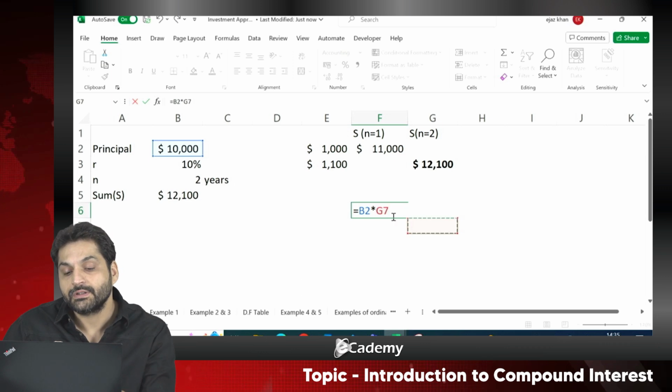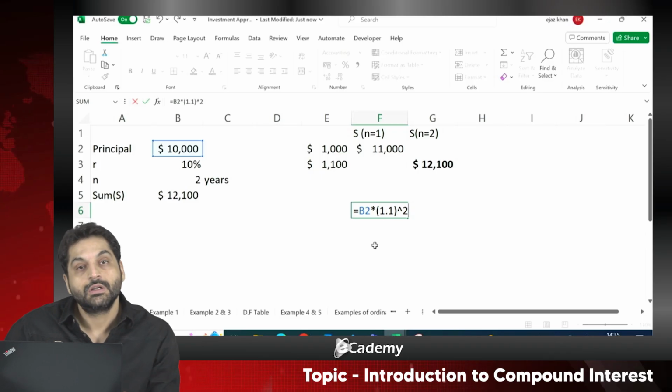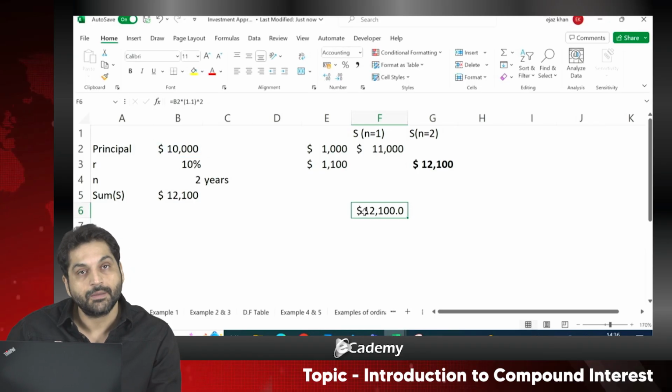And instead of multiplying it by 1.1 twice, we can just take its power as 2. It will give us the same answer. Instead of multiplying it by 1.1 twice, we can have a power of 1.1 and then multiply it with the principal value. It's the same.